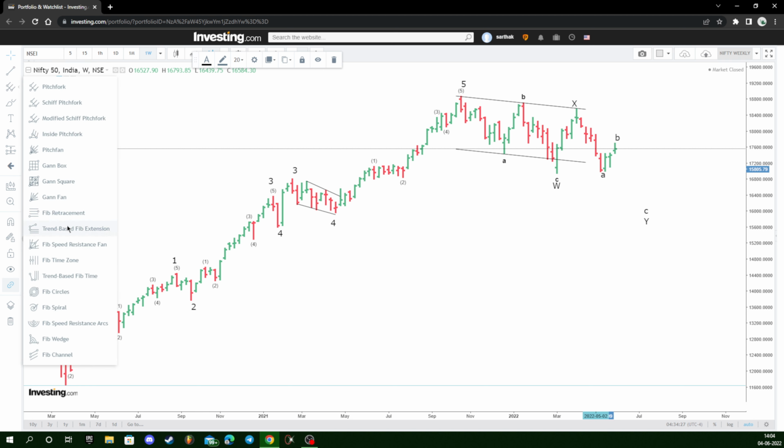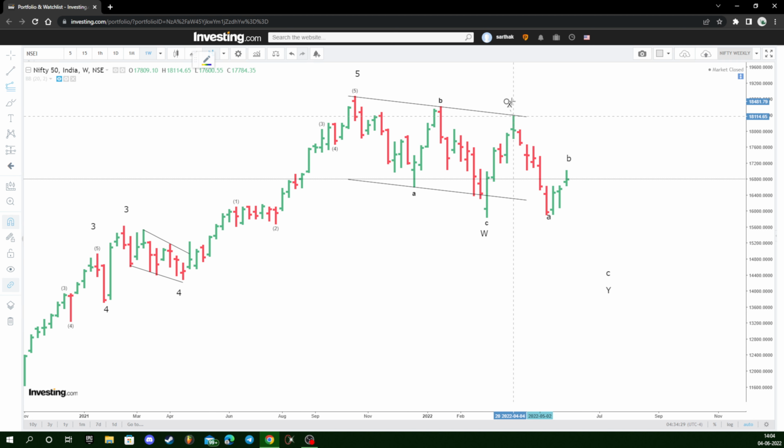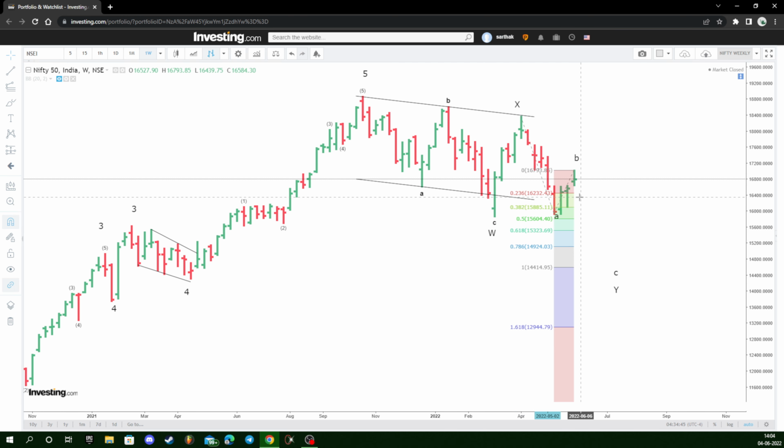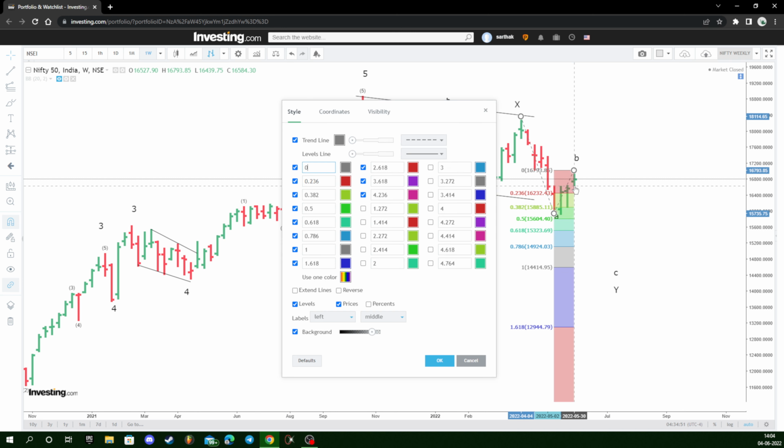So what levels are we looking at? If I take a Fibonacci extension, those levels come anywhere between 14,900 to 14,400. This is the broad 500 point range where the index can be seen taking support once we cross below the weekly low, which is around 16,440.